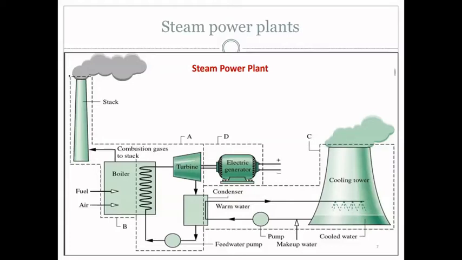Steam leaves the turbine with lower pressure and lower temperature and moves to the condenser, which turns this steam into lower pressure, lower temperature water. This water moves to a pump in a piping system to push it to the boiler as high pressure water, and the process repeats.